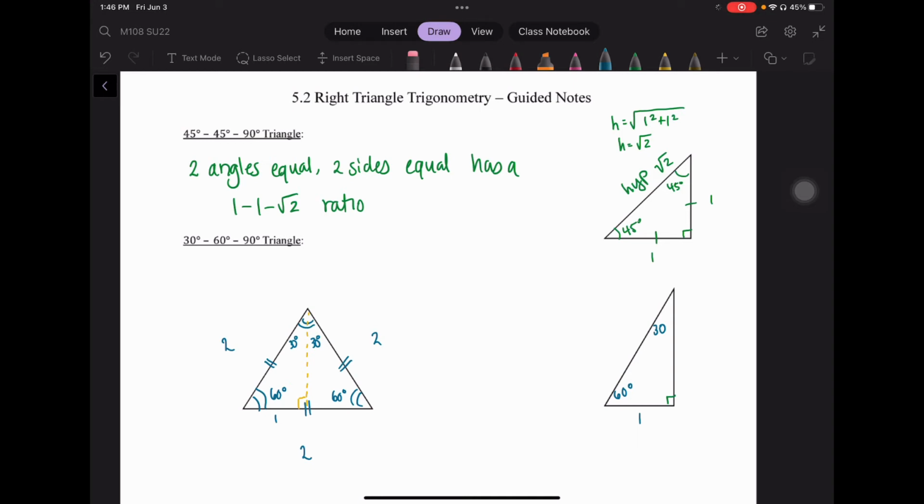Now, if I have 1 and 2 as the hypotenuse, I can again use the Pythagorean theorem to say 2 squared equals 1 squared plus that altitude that's missing. And so A is going to be equal to the square root of 2 squared minus 1 squared, or 4 minus 1, which is 3. So a 30, 60, 90 triangle has ratio of 1, root 3, and 2.